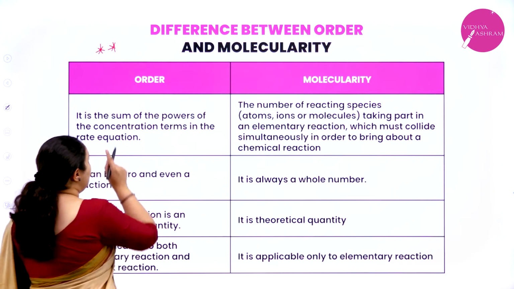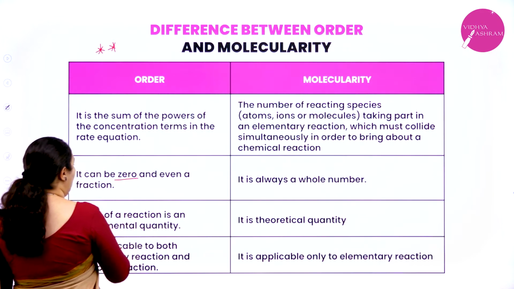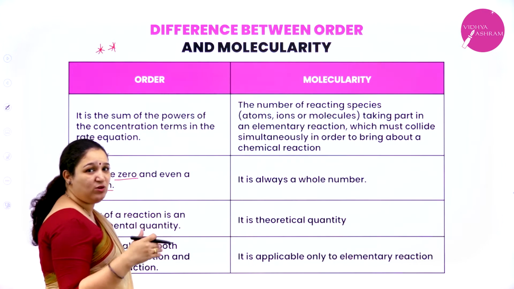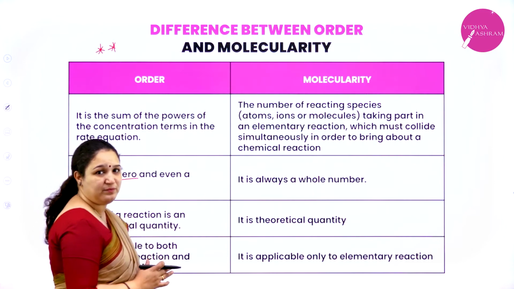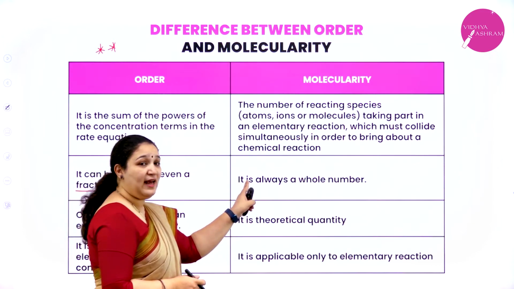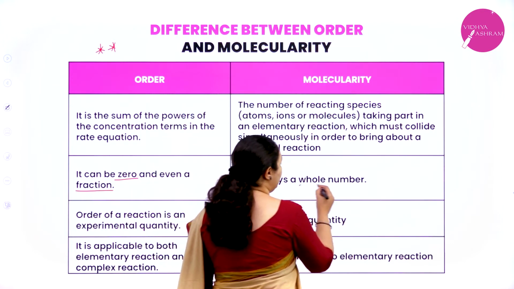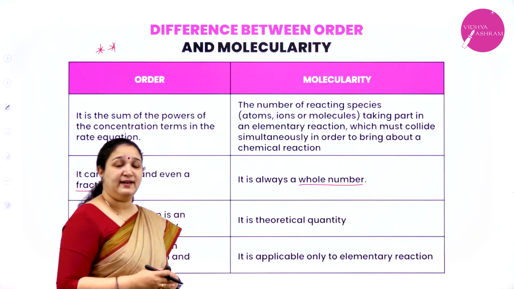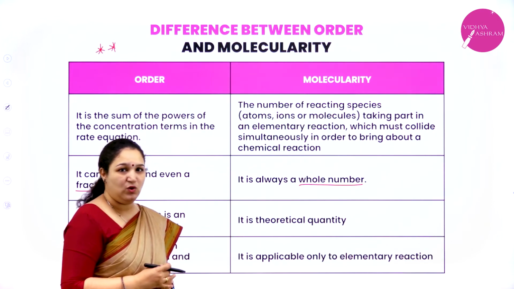Second difference is, the order of the reaction can be 0 or even a fraction. Okay, it can be a fraction or it can be 0, it can be 1, it can be 2, etc. But molecularity is always a whole number. Can I tell half a molecule is reacting? Can I tell 0 molecules are reacting? No, isn't it?